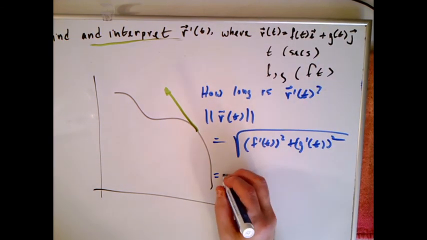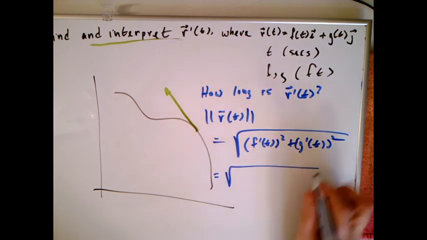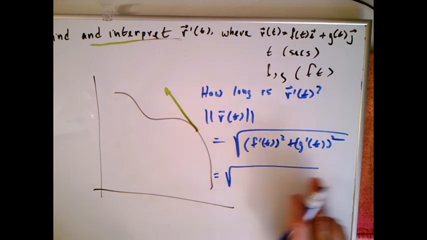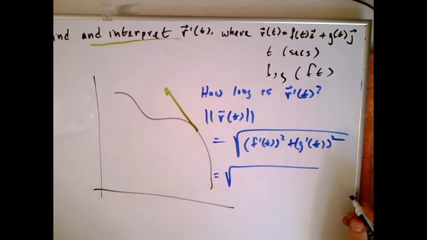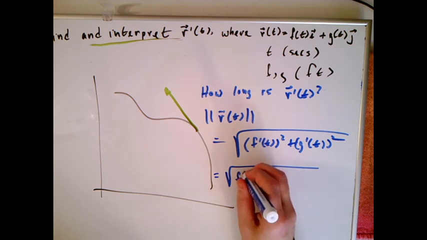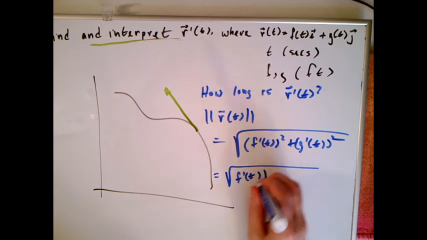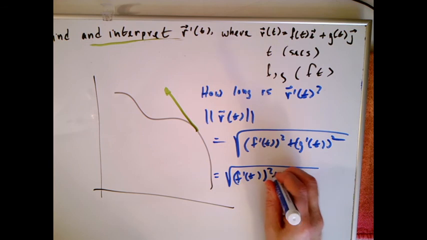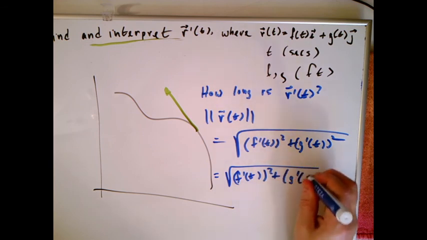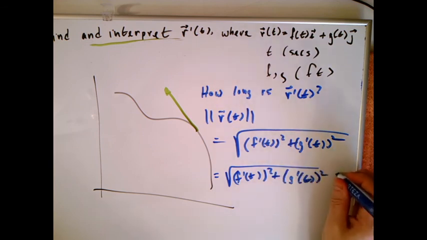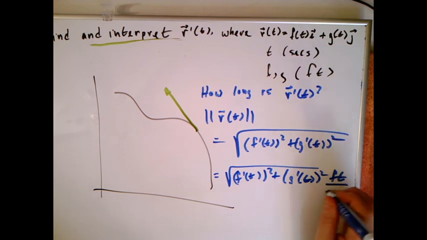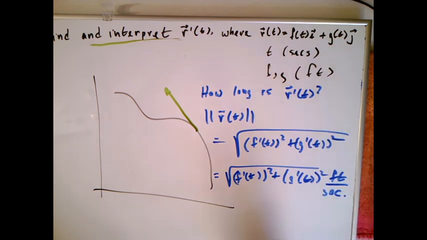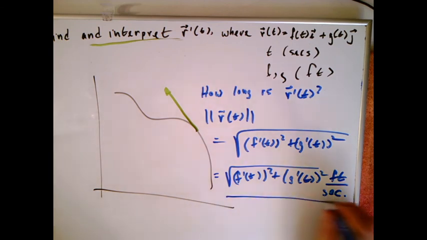So what I actually get on the inside is feet over second squared plus feet over second squared, and I can actually pull out feet over seconds out of the square root. So the units of the length of that vector are in feet per second.